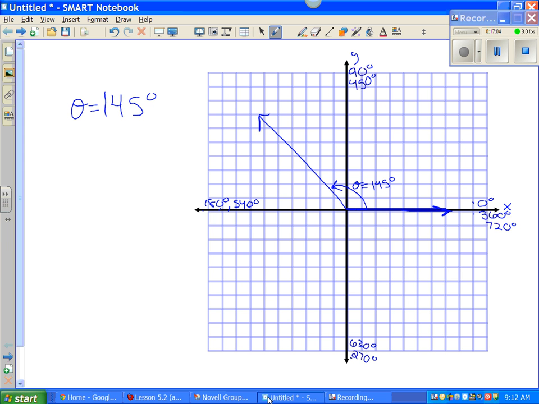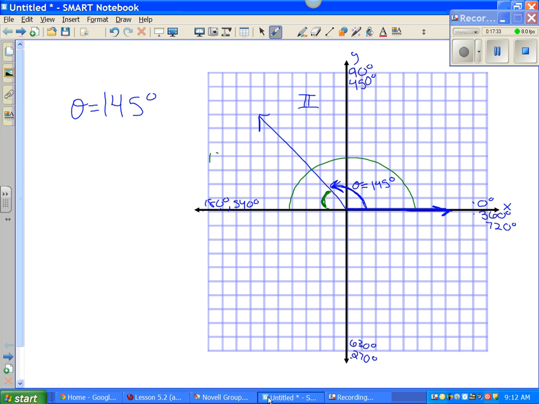We're going to get there. So what quadrant is that in? 2. She asked where my reference angle would be. My reference angle would be right here. We're going to talk quite a bit in depth about how we find reference angles, but if we think logically, I know that this whole thing is how many degrees? 180. So if this much is 145, how can I determine what this much is?